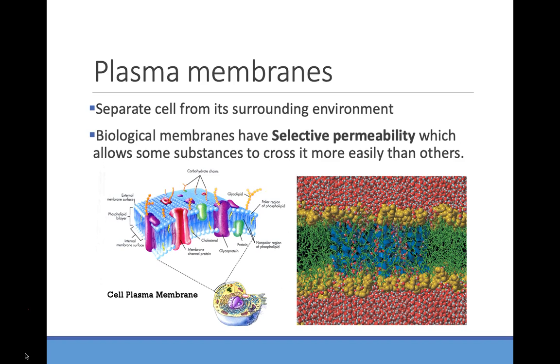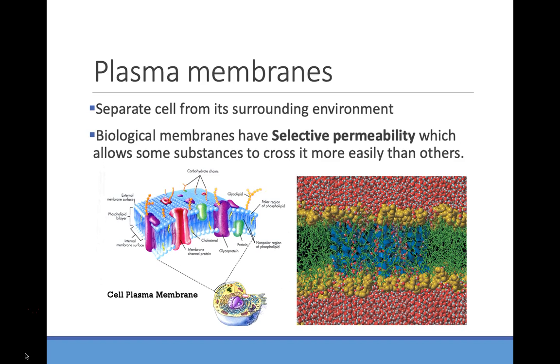All biological membranes have what we call selective permeability. This means it allows some things to cross easily and other things are blocked. This is a way for a cell to control what moves in and out easily. There are several mechanisms that allow the passage of molecules in and out, and that's what we're going to talk about in this chapter.